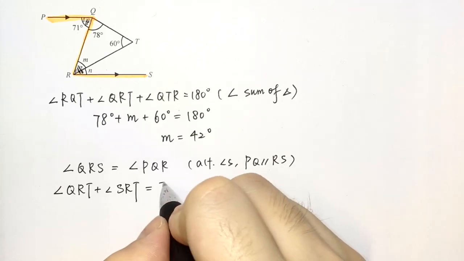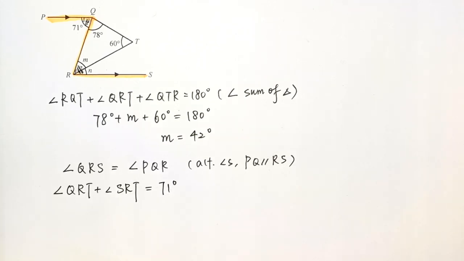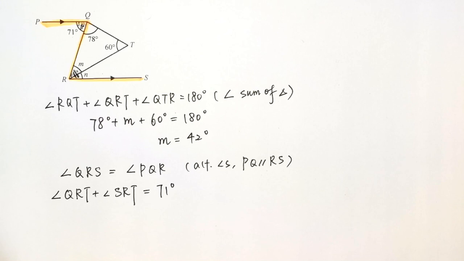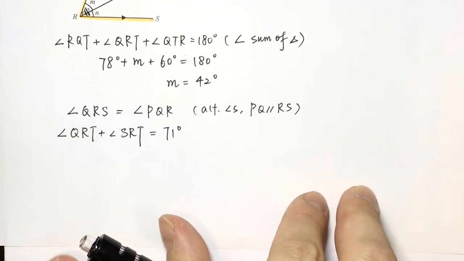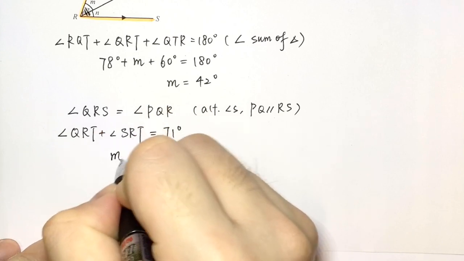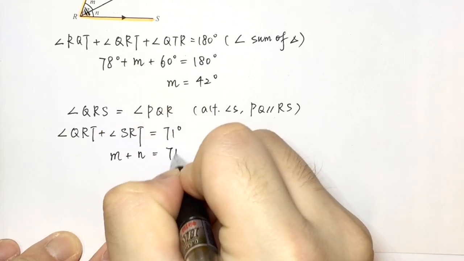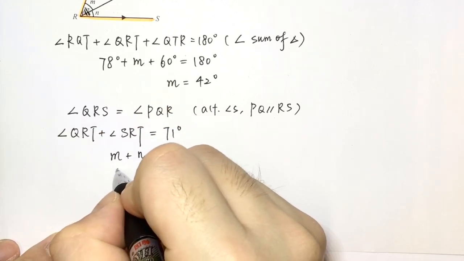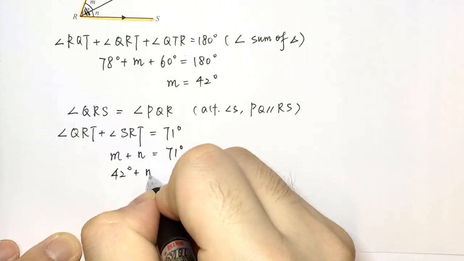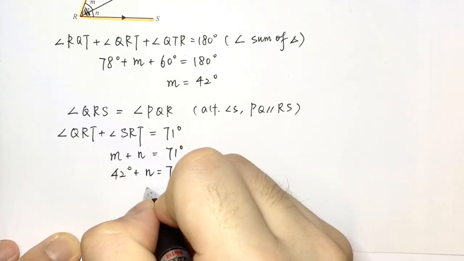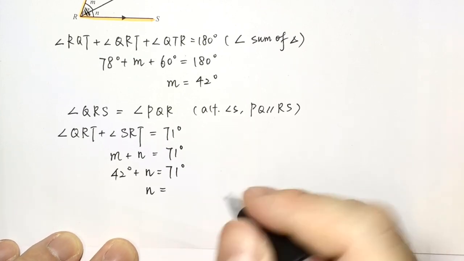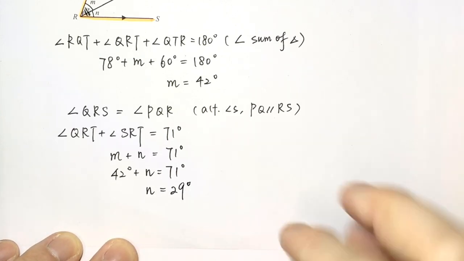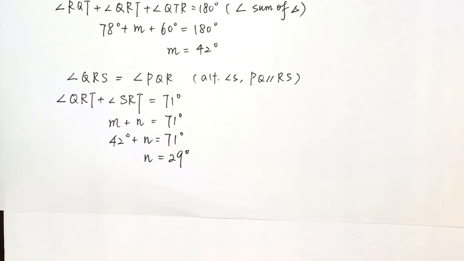And PQR is 71 degrees. Now QRT is M, and M is 42 degrees, and SRT is N. So with M plus N is 71, and 42 degrees plus N is 71 degrees, finally we will have N equal to 29 degrees.